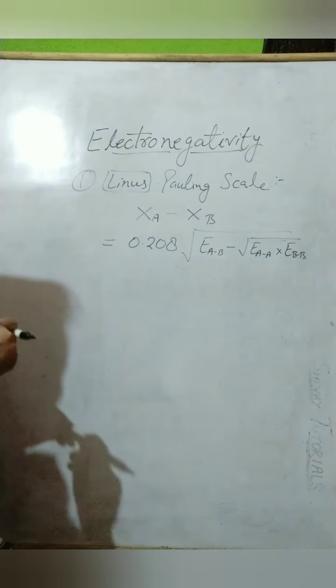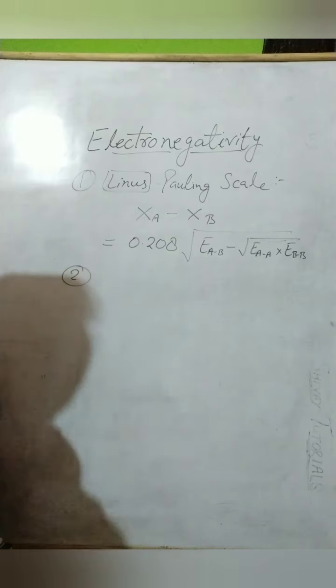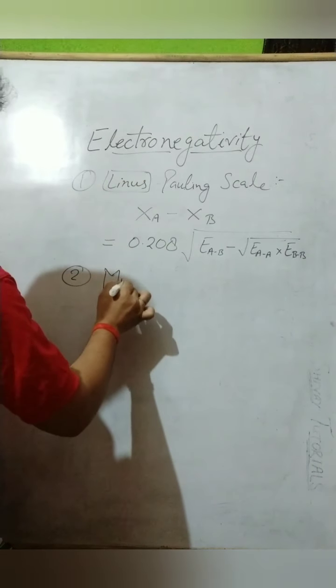The second scale which we use to measure electronegativity is called the Mulliken scale.